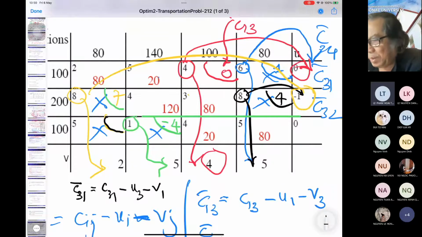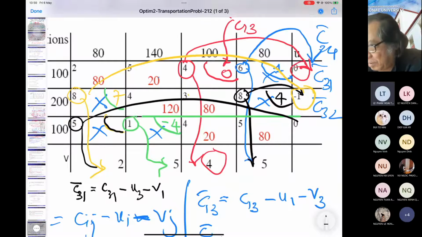Can you calculate? C31 is 5. 5 minus 0 minus 0 minus 2, then it's equal to 3. That's all. Very easy. So you see, we can calculate very easily like this.